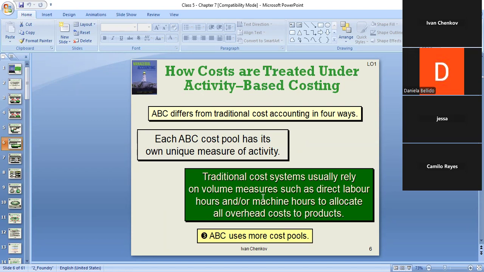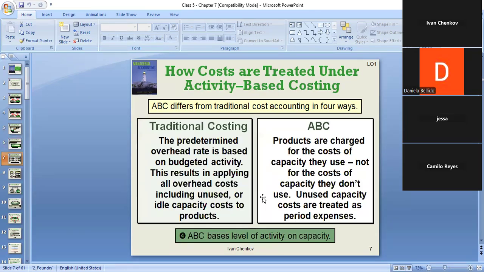Whereas in the traditional system, we're only relying on volume measures, such as direct labor or machine hours. So in activity-based costing, we may have different measures. We're going to see what those are a little bit later, but let's see now what's the difference again.